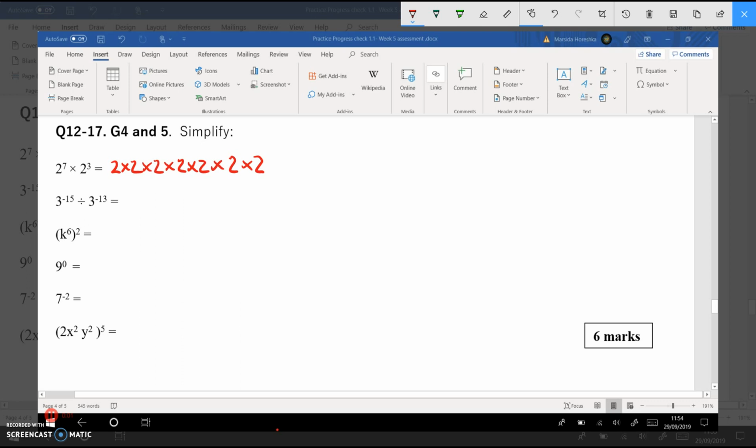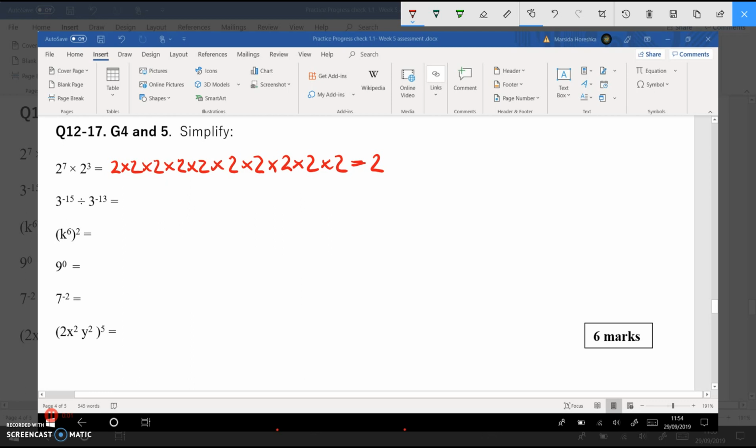So there are 7 lots of 2 being multiplied. Then we continue times 2 to the power of 3. So that's 3 lots. 2, 2, 2. Multiplied, not added.